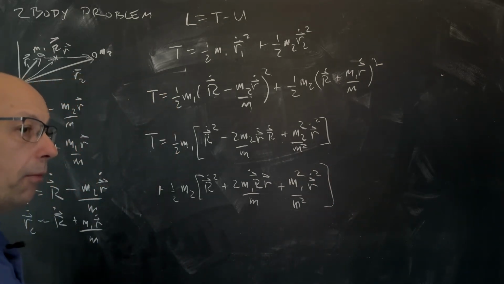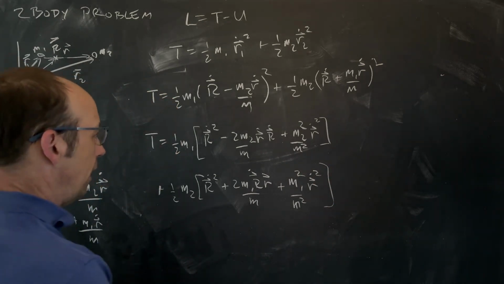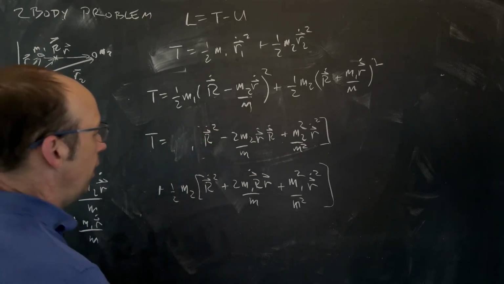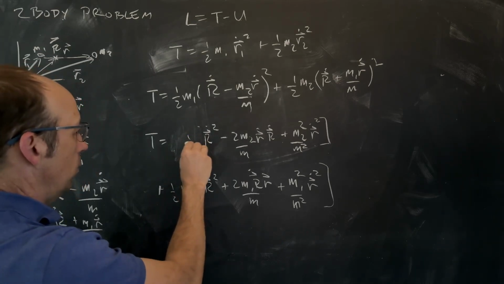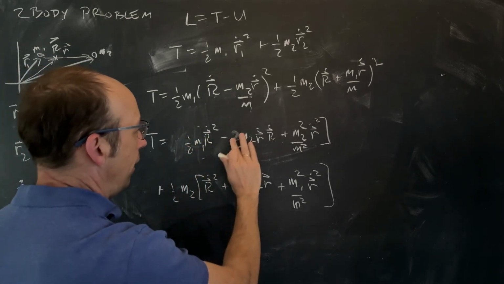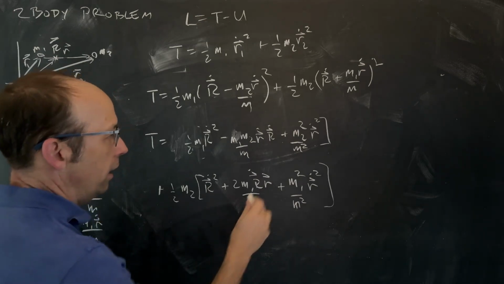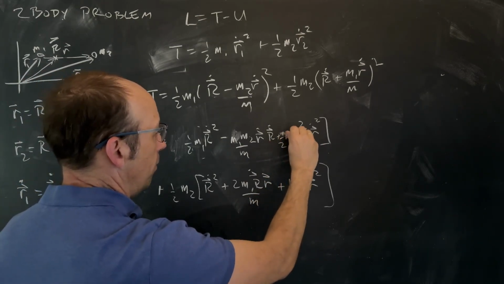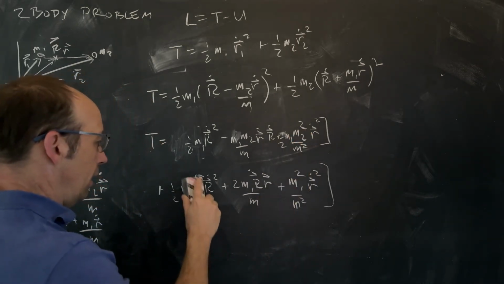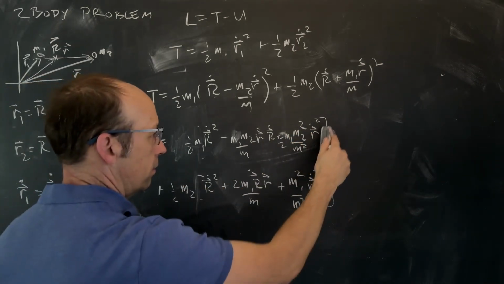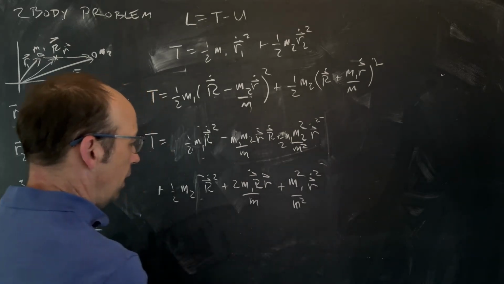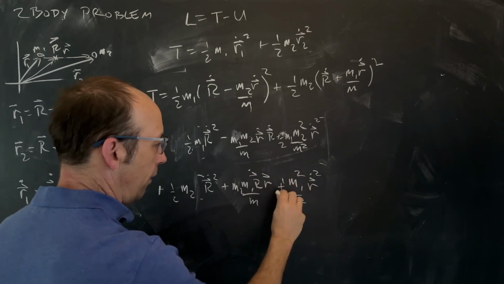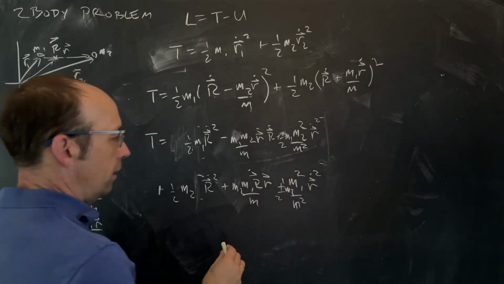Okay, so now when I multiply this out, let's just do that with the magic of erasers. The minus and plus cross terms cancel right away.